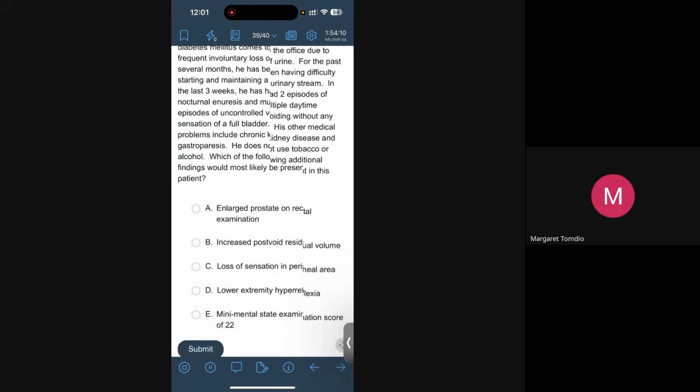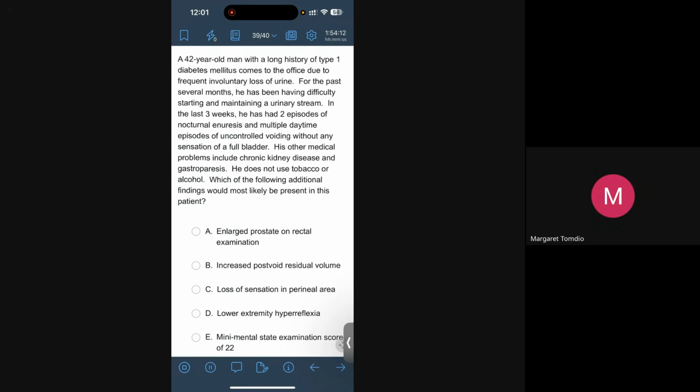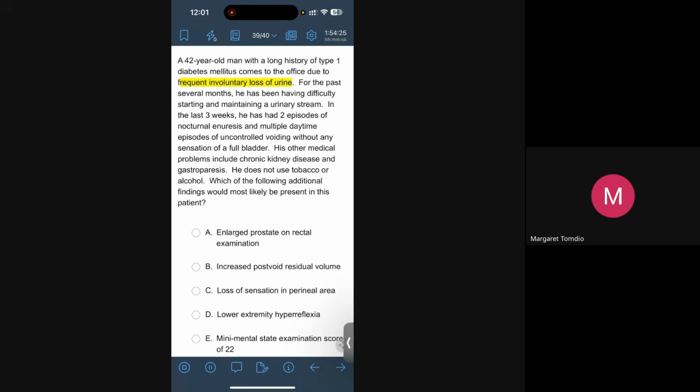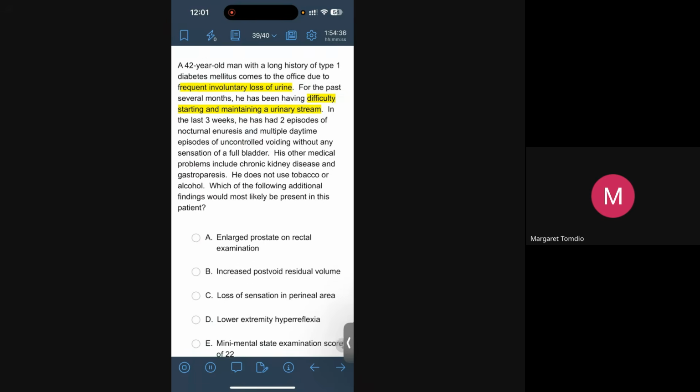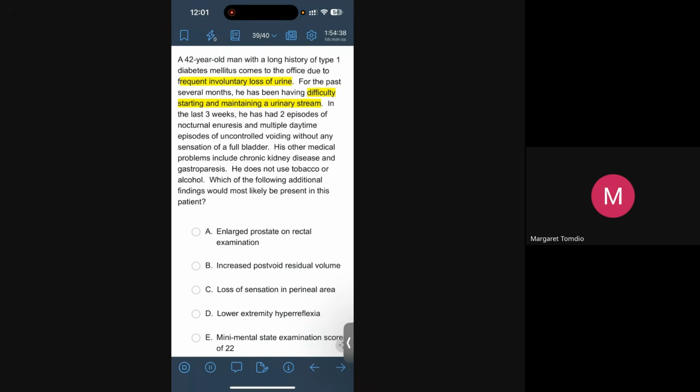So the patient has frequent involuntary loss of urine. For the past several months, he has been having difficulty starting and maintaining a urinary stream. He had two episodes of nocturnal enuresis and multiple daytime episodes of uncontrolled voiding without any sensation of a full bladder.